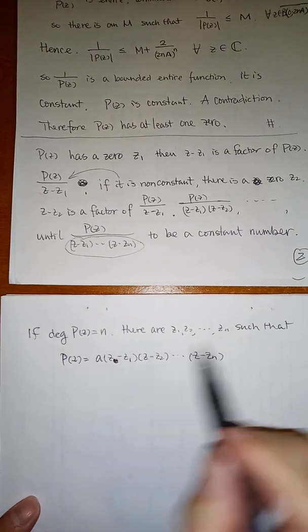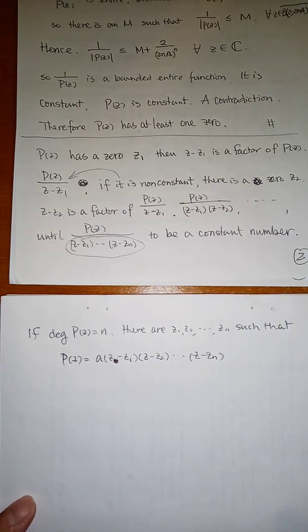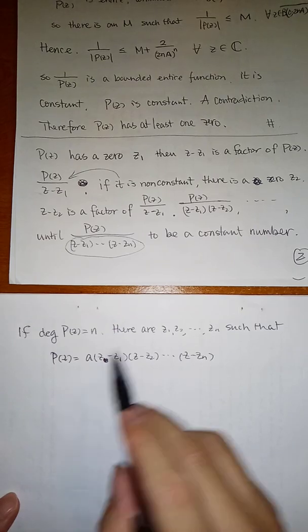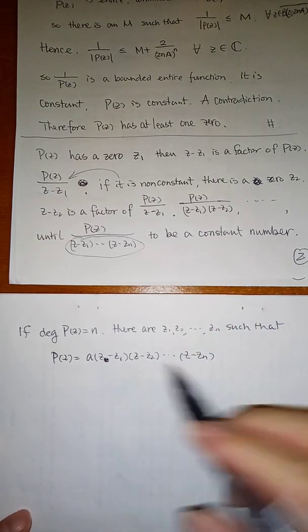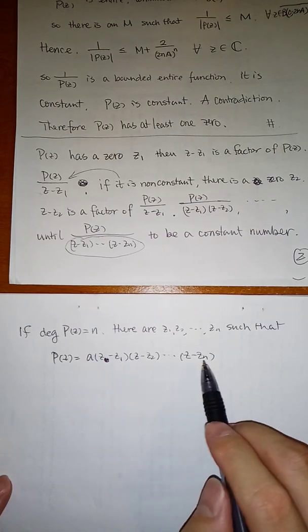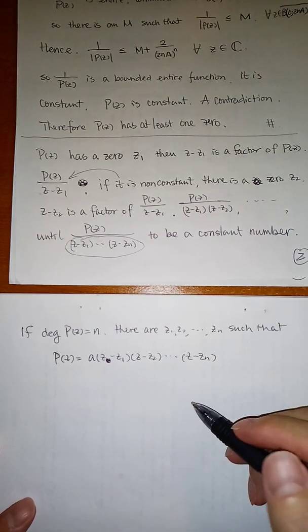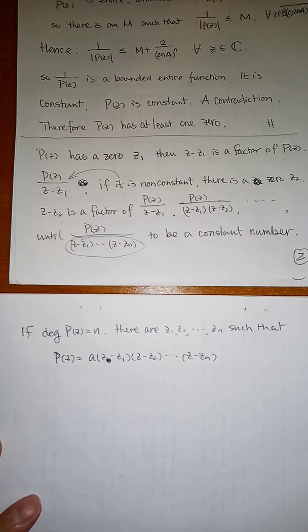And this a is the constant in the final step. Here z1, z2, up to zn may be repeated. So that's why we say all complex polynomials can be factored as a product of linear factors, because of this fundamental theorem of algebra.